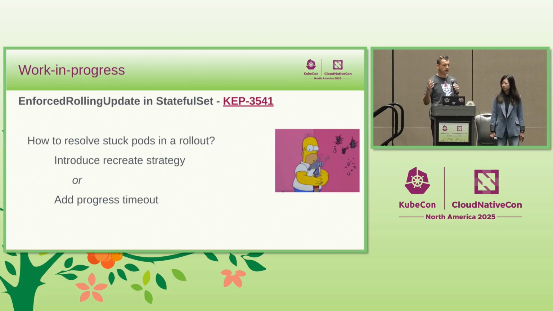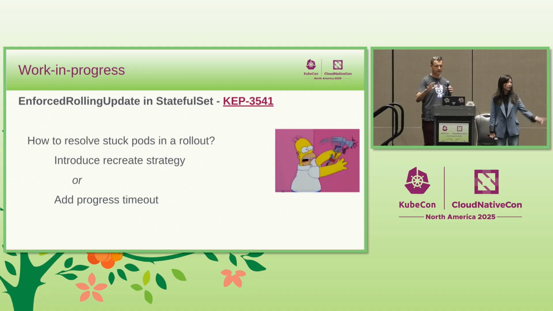As you probably, a quick show of hands, who ran into this particular problem that you're rolling a new stateful set, and if one of the pods fails, the entire rollout will be stuck. And the only way to resolve it in a stateful set is that you have to manually go into your stateful set, and either remove or fix the thing manually. I don't see any hands, but okay, there are a couple.